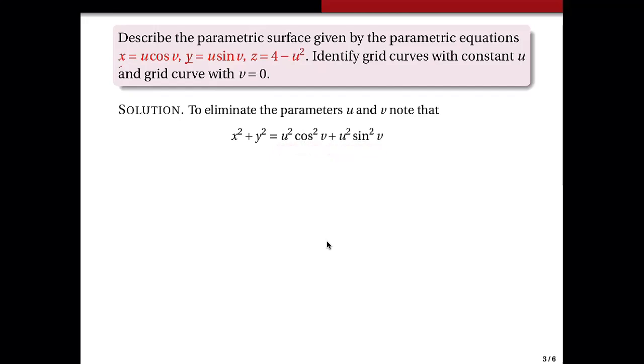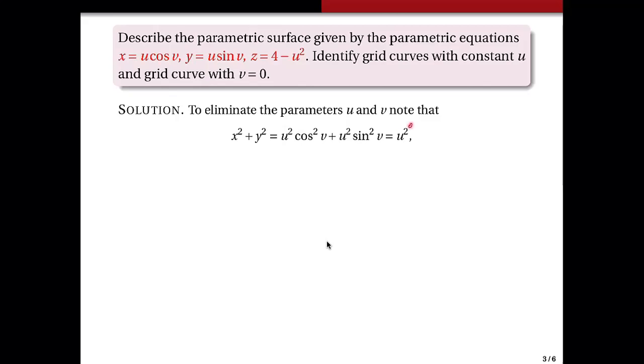You can factor out the common factor u squared, so you have u squared times cosine squared v plus sine squared v. But cosine squared v plus sine squared v is equal to 1. So we end up with x squared plus y squared equals u squared.